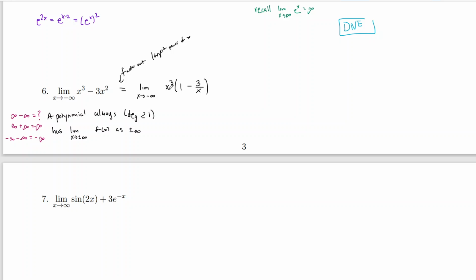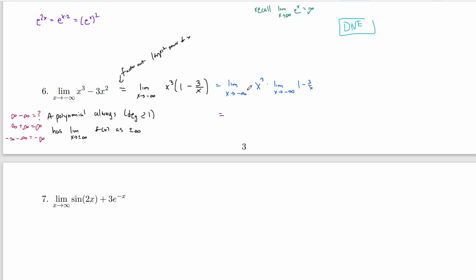And when you multiply, it makes it a lot easier because a property of limits that we're going to use here is we can find the limit as x goes to negative infinity of x cubed and then multiply by the limit as x goes to negative infinity of the thing we're multiplying by, 1 minus 3 over x.